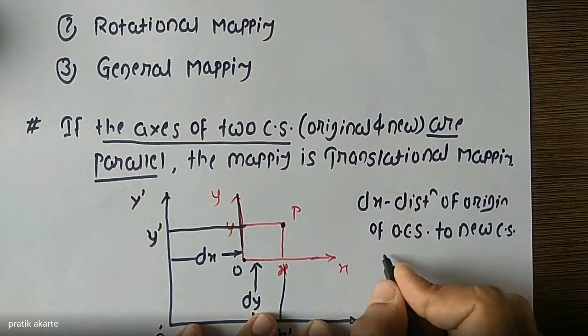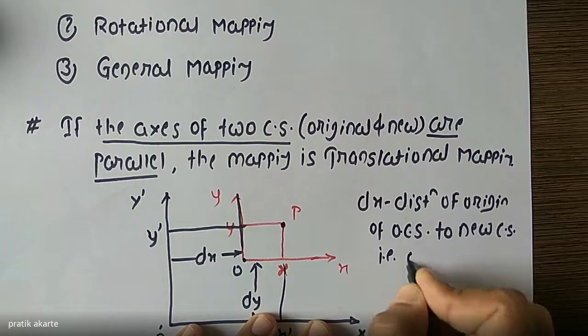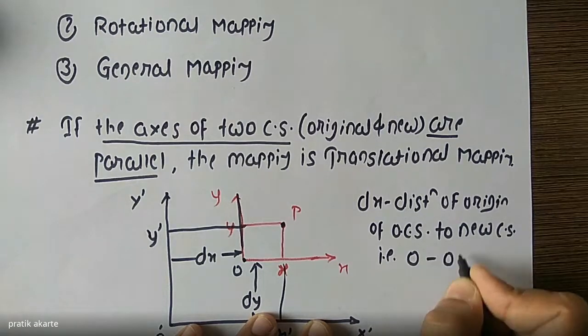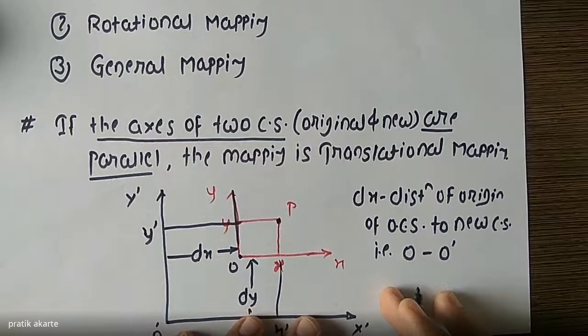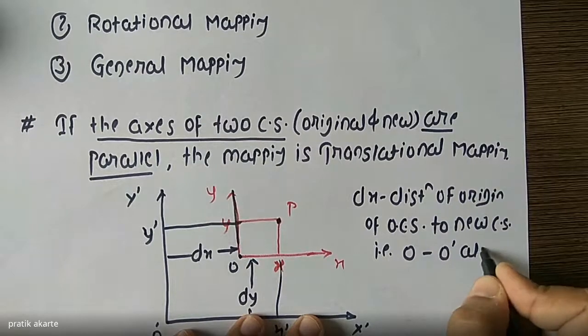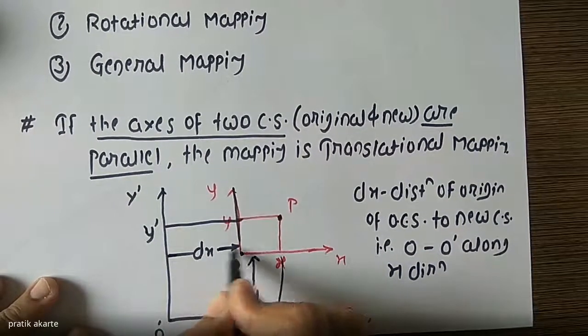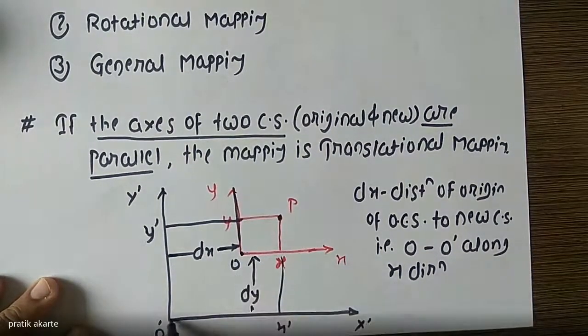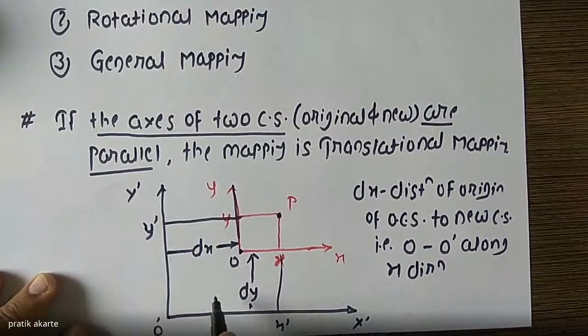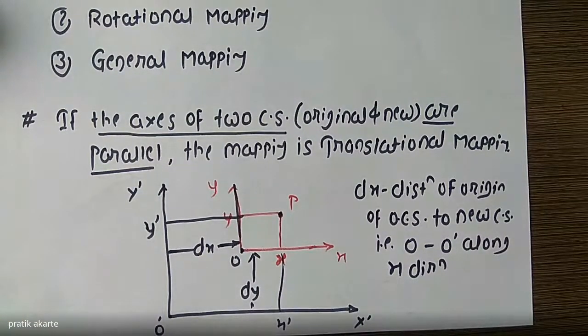Okay, like that is from O to O dash along the x direction. That is what we call dx. This is the dx from this point to this point along the x direction.